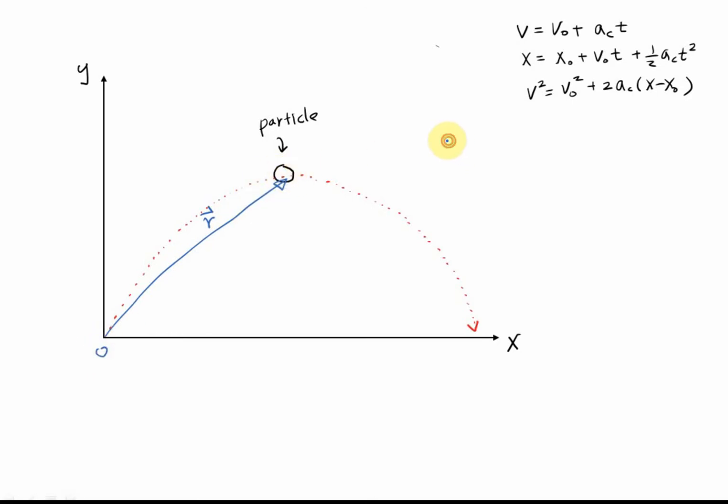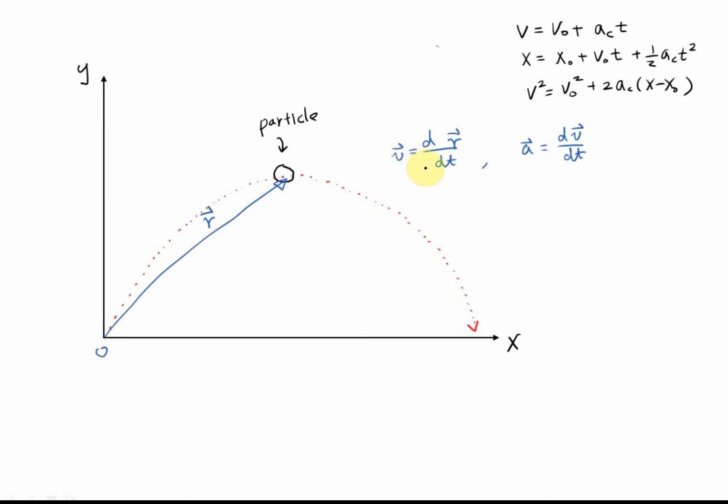If we know the position r, then if you take the derivative of r with respect to time, that will be the velocity. So your velocity is dr over dt of that object. And how about the acceleration? Acceleration is dv over dt. So the concept is exactly the same.